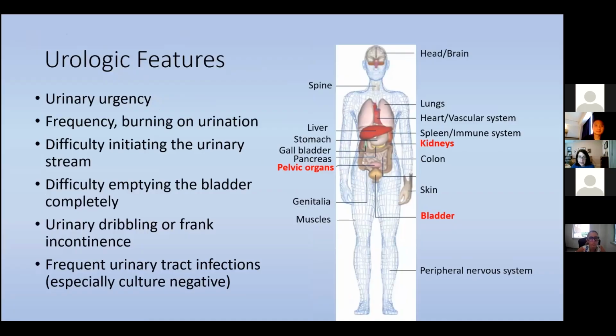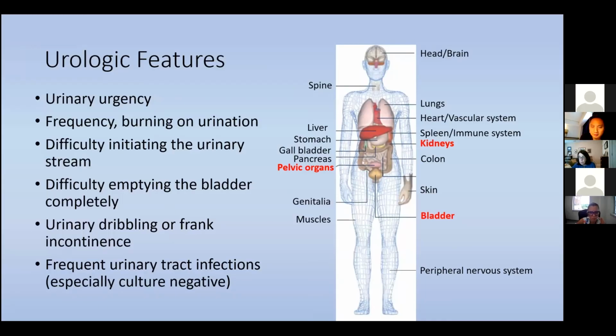Urologic features, and again, patients may be diagnosed with interstitial cystitis, and that can be secondary to mast cells. So important to think about that mast cell involvement with multiple different organ system involvement, but urinary urgency, frequency, burning on urination, difficulty initiating the urinary stream or emptying the bladder completely, and urinary incontinence and frequent urinary tract infections.